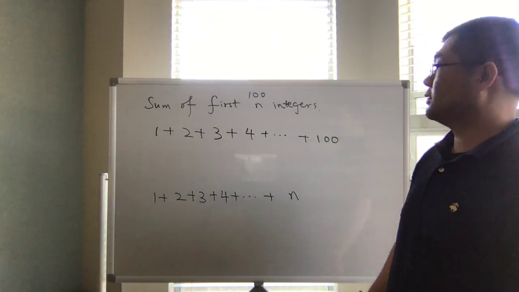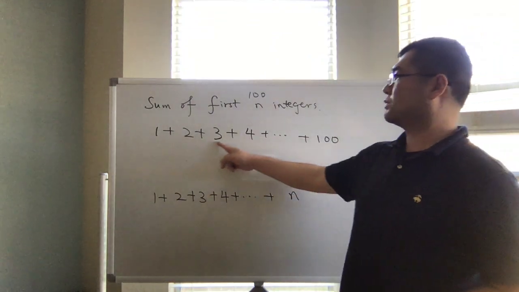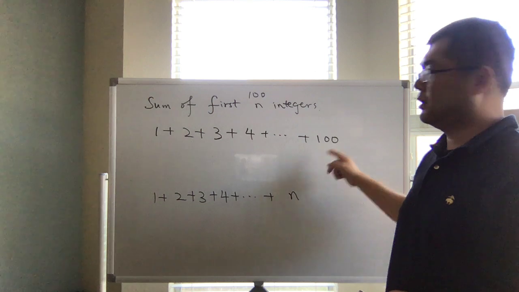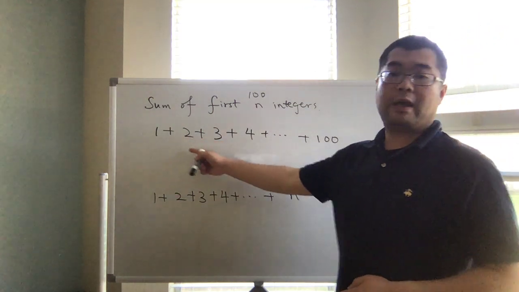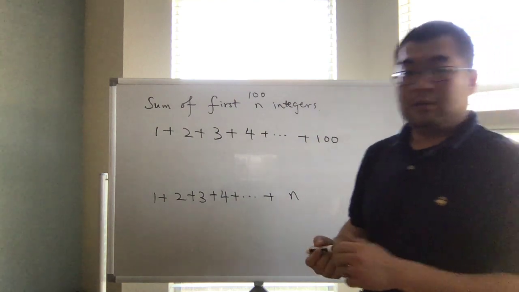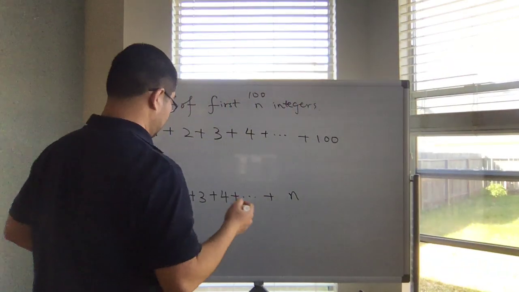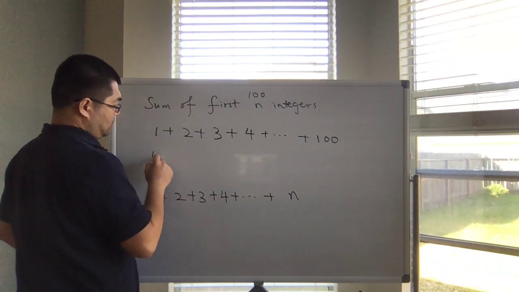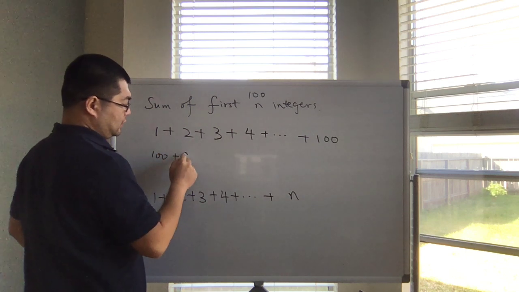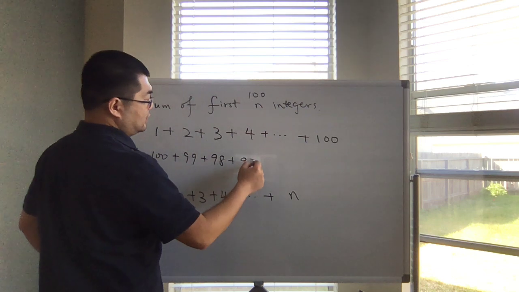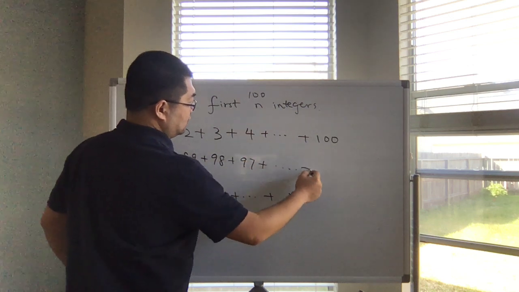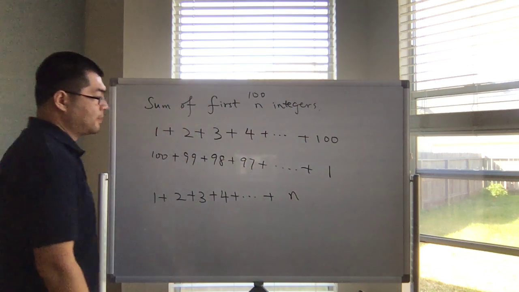Okay, so let's look at this, guys. 1 plus 2 plus 3 plus 4, up to 100, right? So write in that increasing order. Now let's write it into a decreasing order. 100 plus 99 plus 98 plus 97, up to 1.